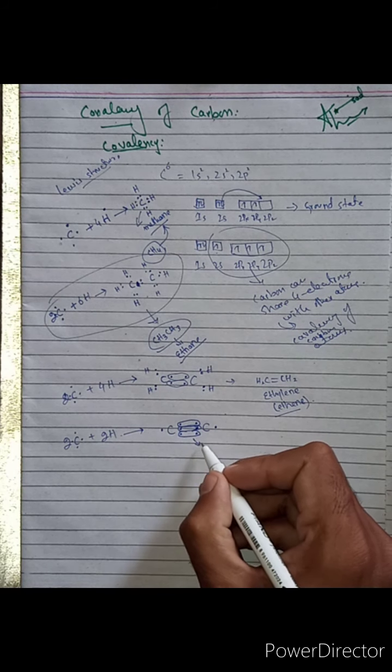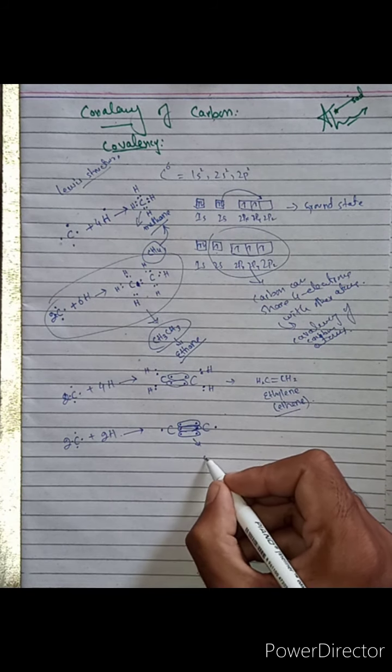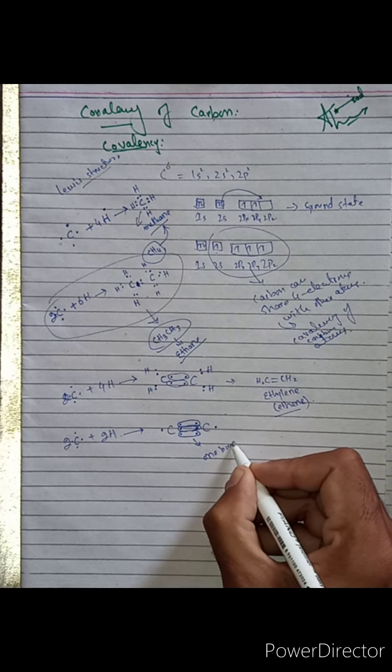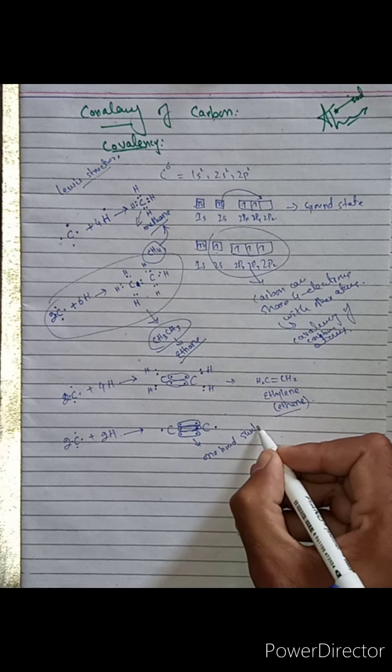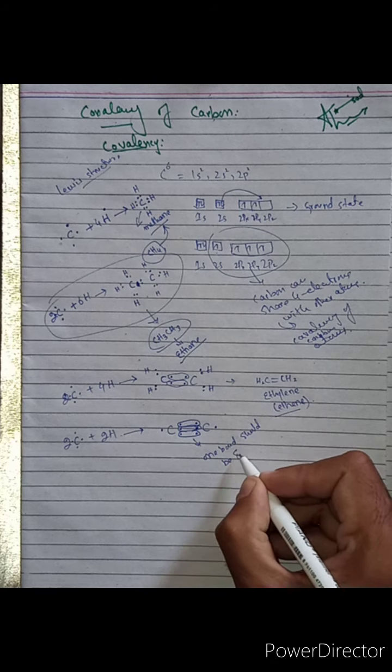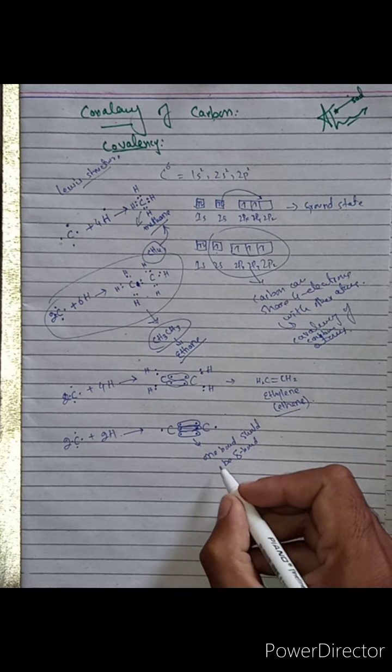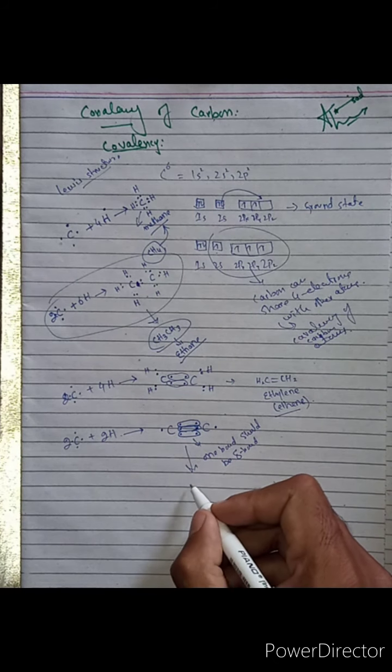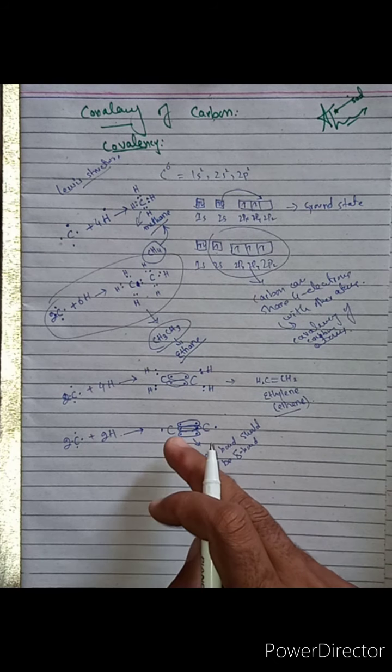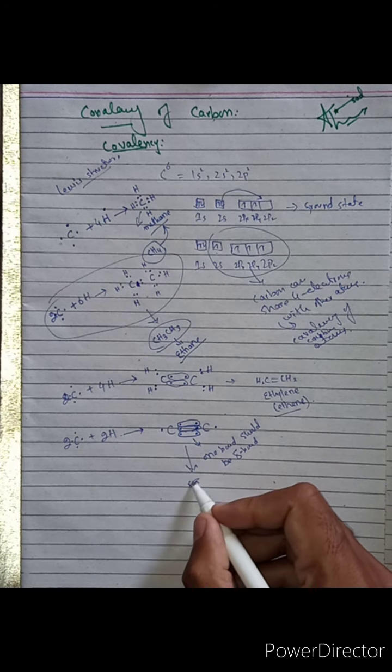But in the above cases also, one bond should be a sigma bond, and the other remaining bonds, either two or one, will be called pi bonds.